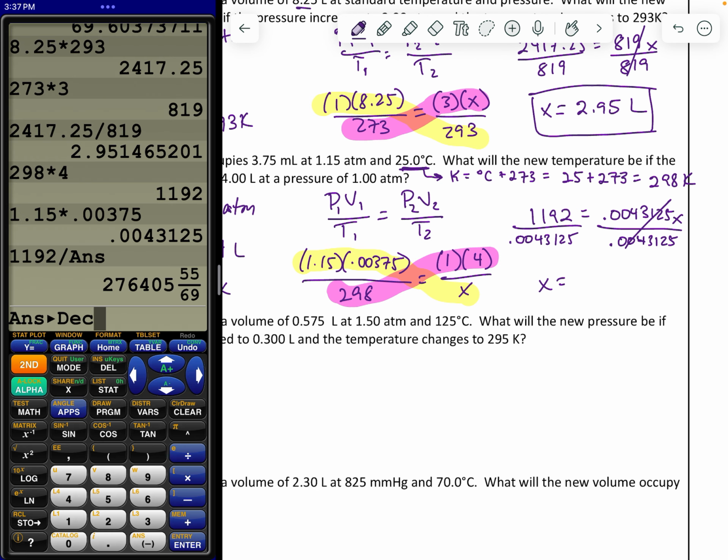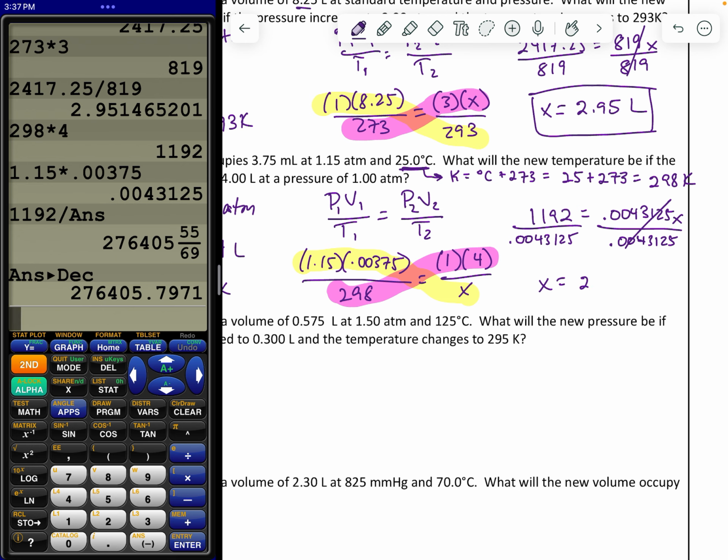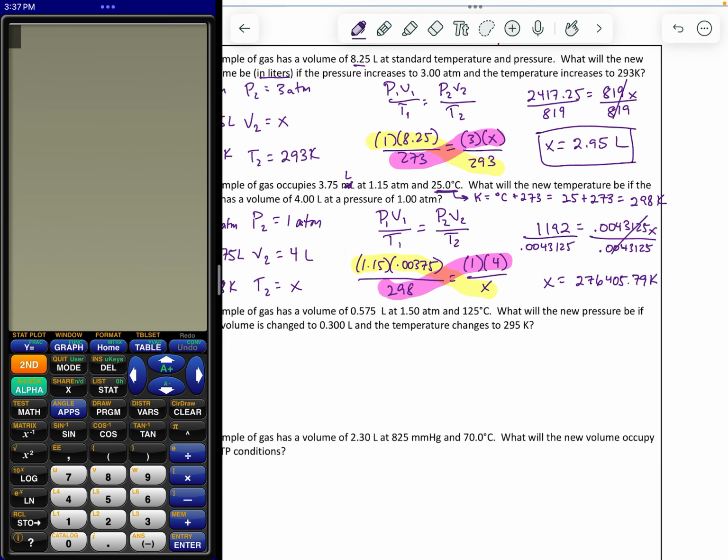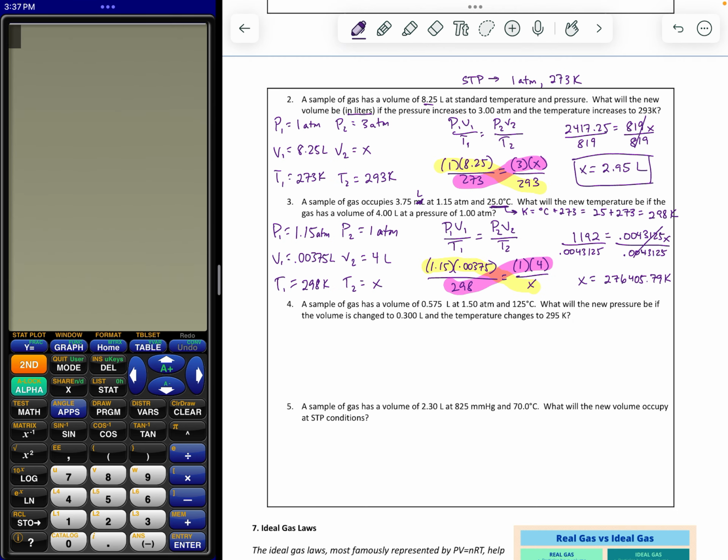And what that is in decimal form is 276,405.79. For some reason, I think that probably should have been liters in general and not milliliters to begin with, because that is quite the temperature change. But, well, we can do that too.